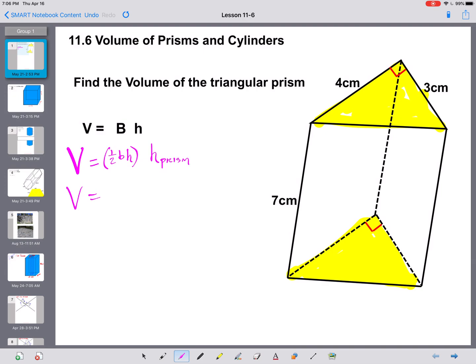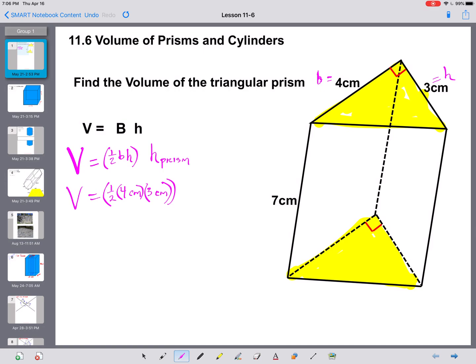Now, look at just the triangle. What's the base and the height of just the triangle? Yeah, the 4 and the 3. The base could be the 4, the height could be the 3. So 1/2 times 4 centimeters times 3 centimeters, times the height of the prism.